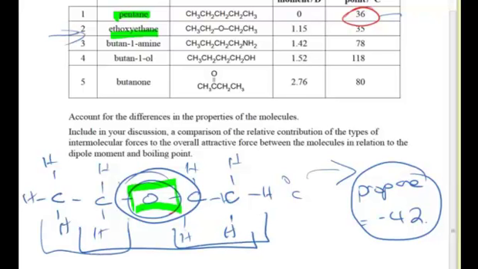Having said that, I do appreciate the fact that pentane is higher is a little bit of a surprise, and the only reason that can be is maybe there is a small difference in the ability of pentane to get closer together, to pack a little bit closer. I think both points are valid, but I think this one that they don't mention in the answers is something that you should discuss.